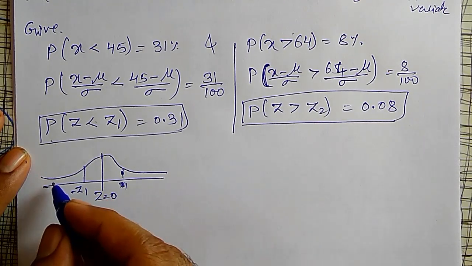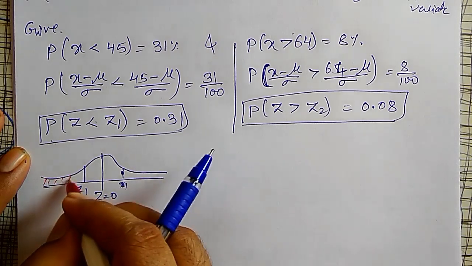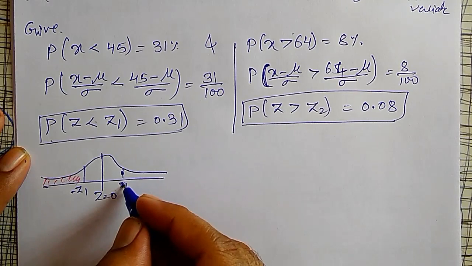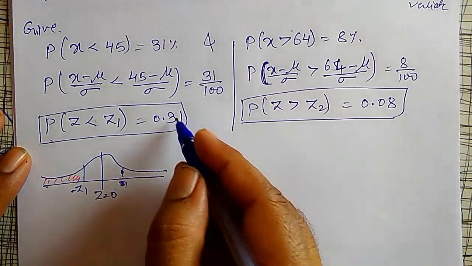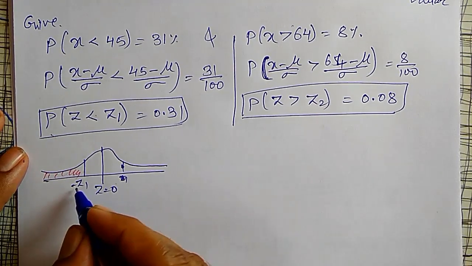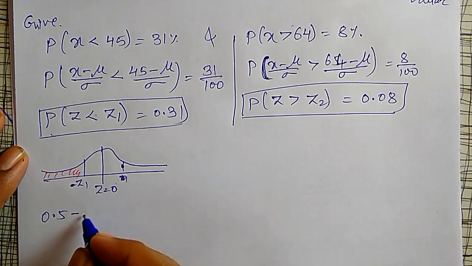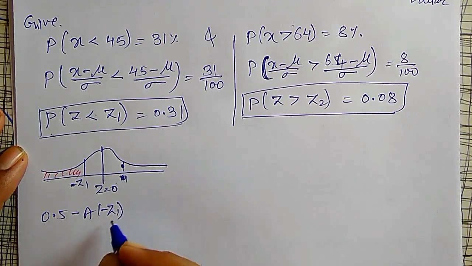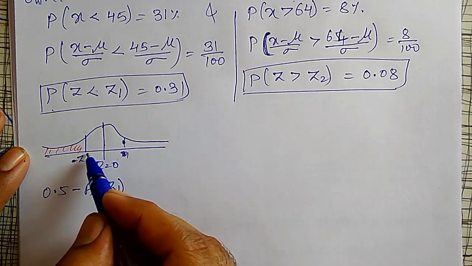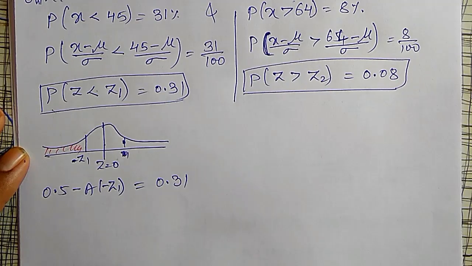Therefore, this is my required area, z less than z1, with z1 selected on the negative side only. If I select the positive side, it would be 0.5 plus something, but the total area itself is 0.31, which is less than 0.5. Therefore, I can write this area as 0.5 minus A of minus z1. Correct? 0.5 is the total area on one side, and z equal to 0 to z equal to z1 is this area, equal to 0.31 for me.